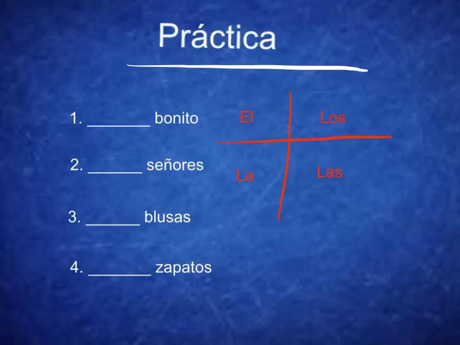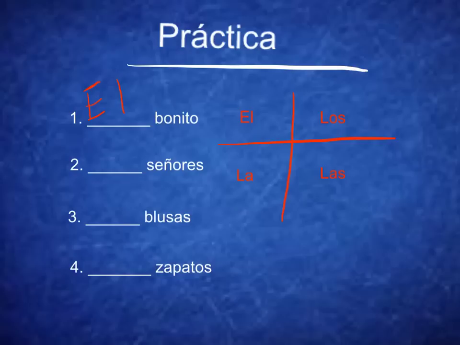So now when we take a look at what we have right now, we have el, la, los, las, which are the 4 different ones over there on the side. So we look and we say, well, this ends in O, doesn't have an S, therefore it must be el. So we take el, we're going to write in right here, el.